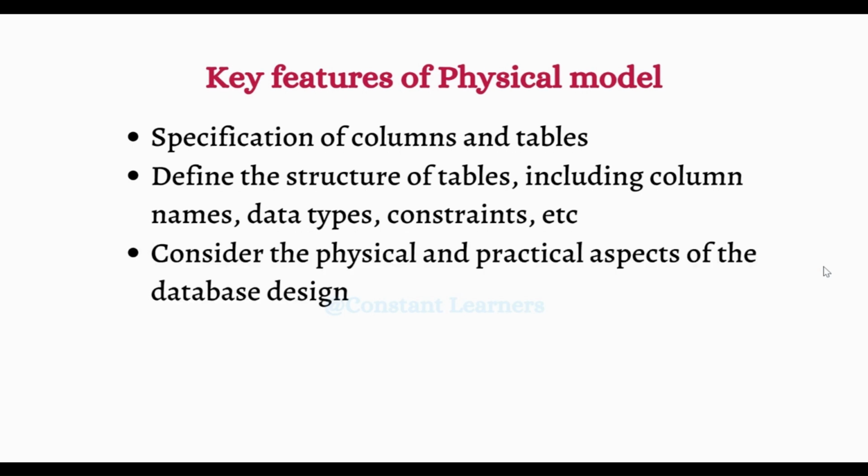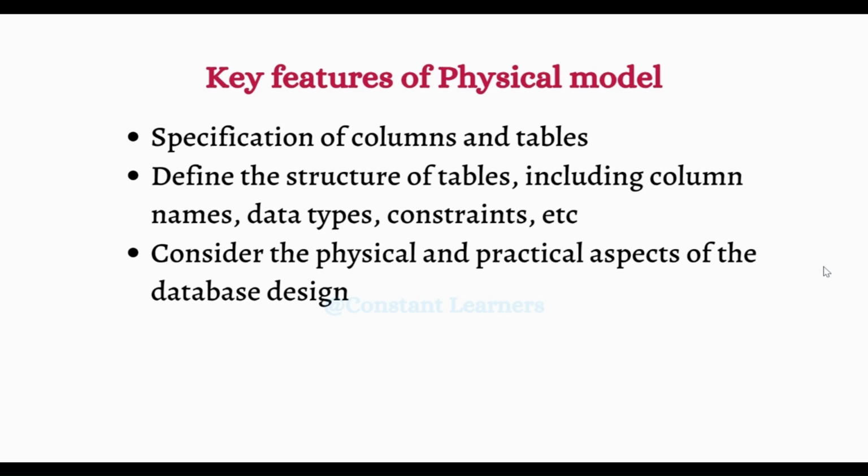We need to consider the physical and practical aspects of the database design, which might lead to potential differences from the logical model. That is, in the physical model, when this design is being actualized, when we are actually building the database, then the physical model could be different from the logical model.